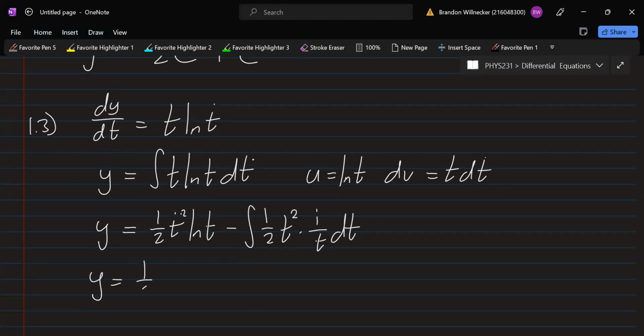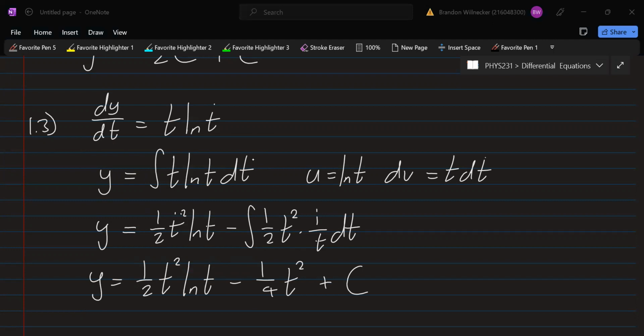So y is going to be 1/2 t squared natural log of t, minus 1/4 t squared plus c. And again, we can determine c if an initial condition is provided. If it's not provided, then we just leave it like that.